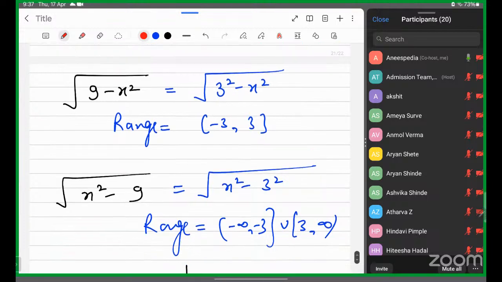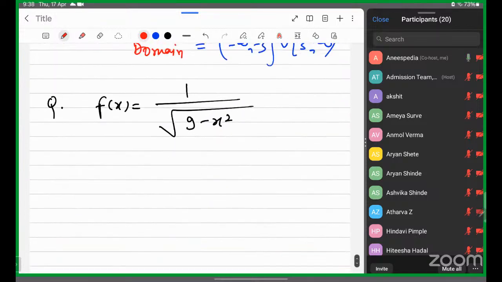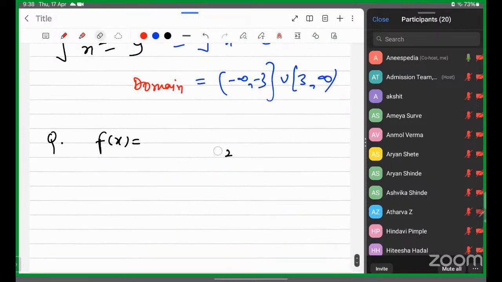But we have to find out range, right? Let me solve it for range.